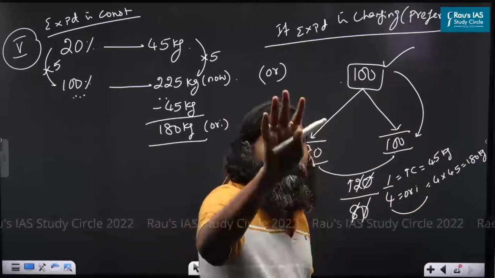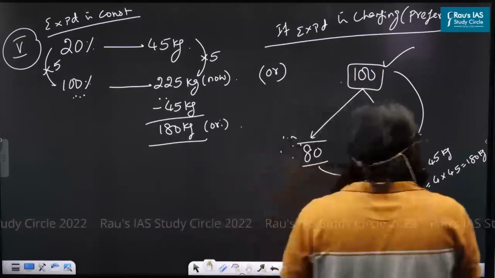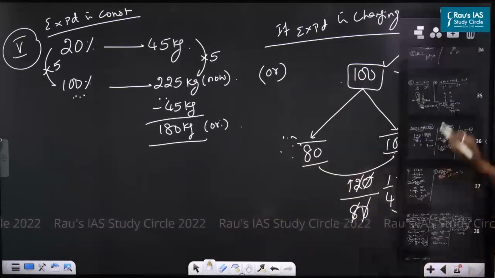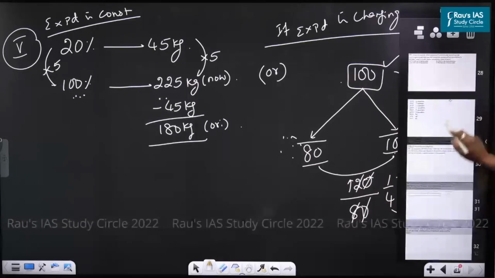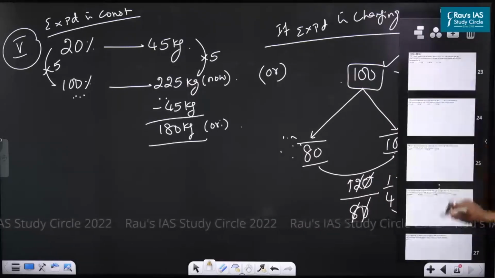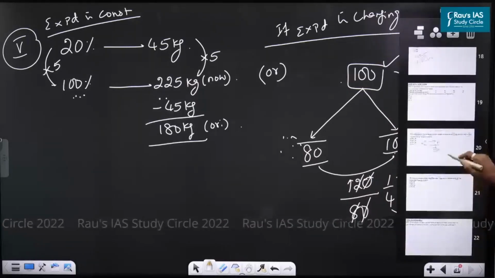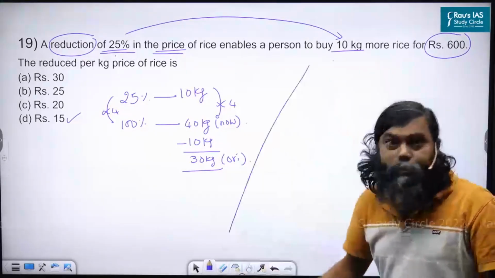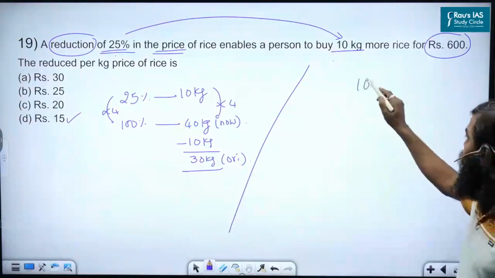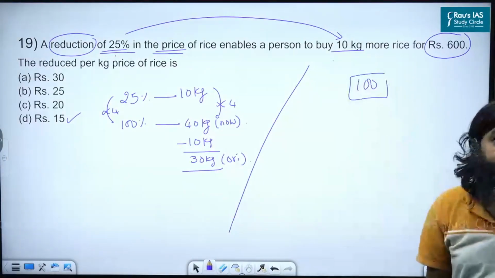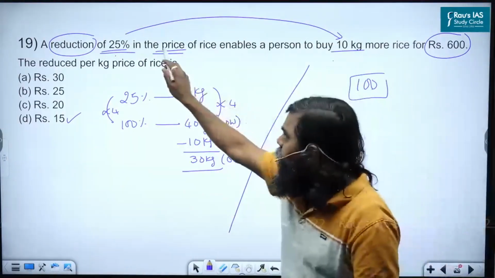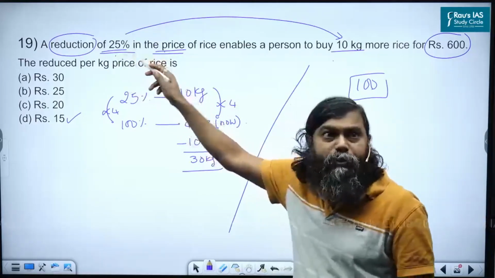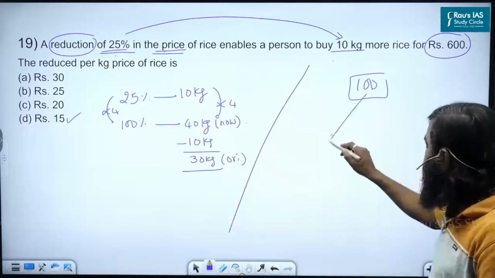So don't solve the question there. Now listen to what I am doing. Do you remember this question? I am assuming my original expenditure is 100 rupees. What happened to the price? Reduced by 25%. That means my expenditure decreased by 25%.